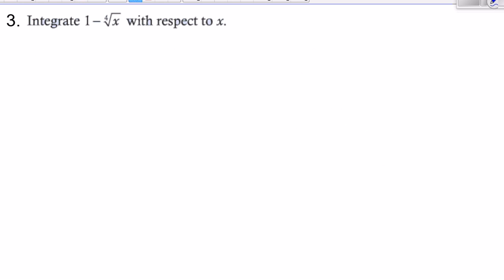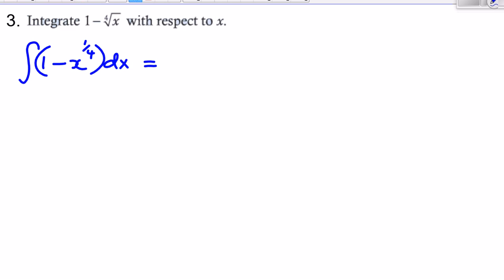Okay, number 3. You can integrate this function term by term. So let me first of all rewrite it. So x to the power a quarter, and we're integrating with respect to x.